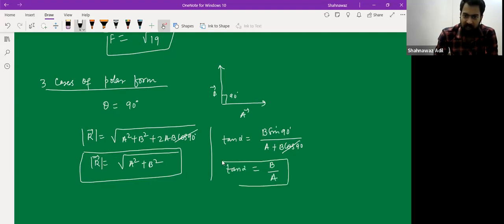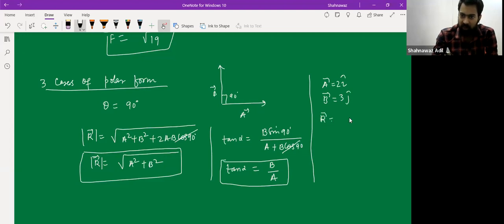So if vectors are at 90 degree, so let's say your vector A is 2I and B is 3J, right? So resultant would be simply what? 2I plus 3J, right? So magnitude would be simply what? Root of 2 square plus 3 square, right?